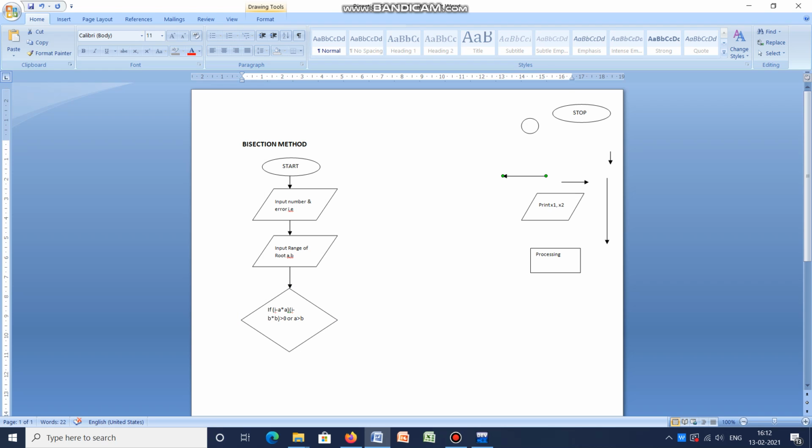Okay, so I am introducing the connector here. देखो connector यहाँ पे भी यूज हो सकता है, somewhere else also it can be used.